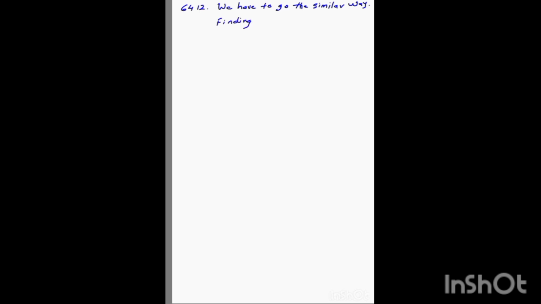In both the cases, we have to proceed in a similar manner, trying to find a square root by the division method. So we are trying to find the square root of 6412 by the division method as follows.